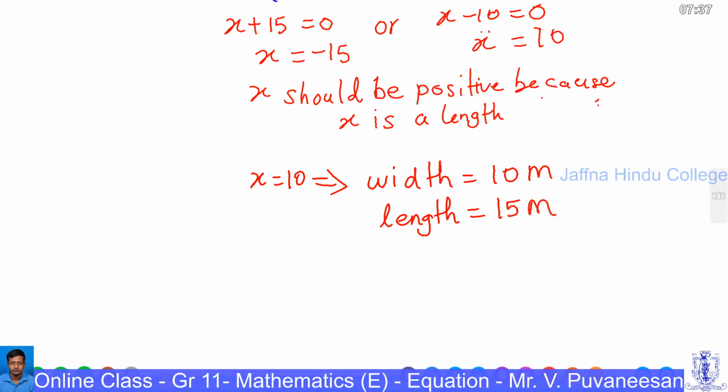Now you multiply 10 into 15, 150 meter square. Okay, so answer is correct. You can check whether answer right or wrong by applying the answers in the equation or question.